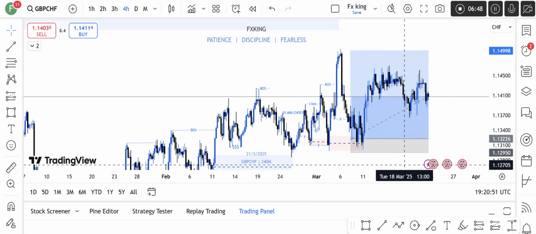I started scaling down, so it mitigated the first demand, second demand, and now it's reversing a bit. While reversing, it creates a first POI and inducement, a second POI and inducement, a third POI and inducement. Which of them will you buy from? Will you buy from the extreme, or from any that is available?